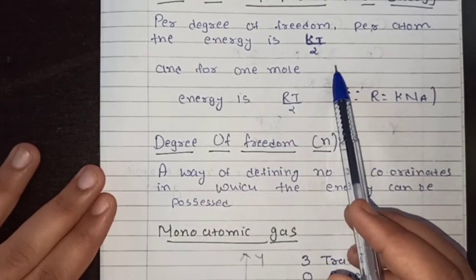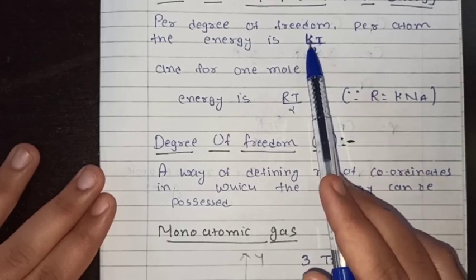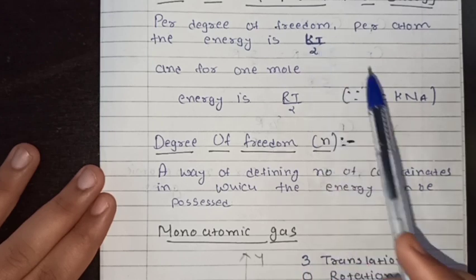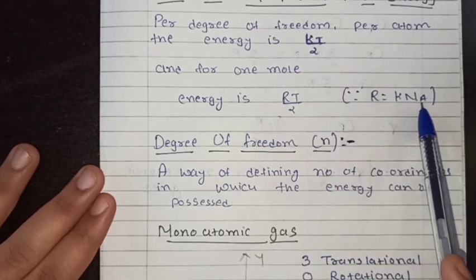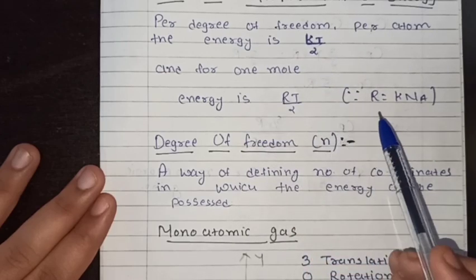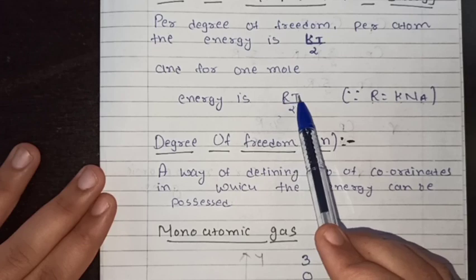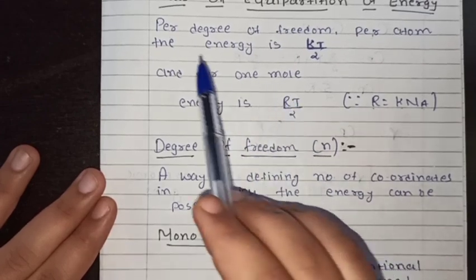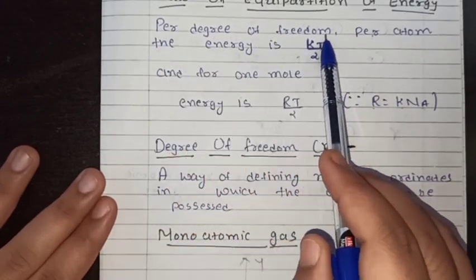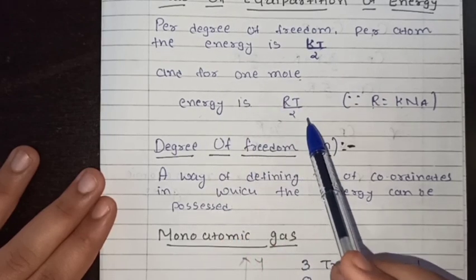If we want to write the formula for 1 mole, then we have to multiply this with Avogadro number, because in 1 mole there are Na atoms. So k into Na T by 2, but k into Na is R, that is the universal gas constant. So energy will be RT by 2. So we can say per degree of freedom per mole, the energy is RT by 2.